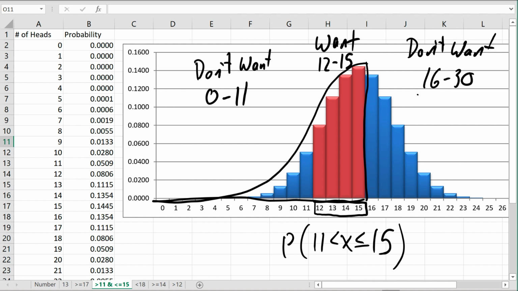We'll separate those out later. But first, let's find the probability that x is less than or equal to 15. And that's exactly what our calculator finds, the probability of a number of successes or fewer. To find everything between 0 and 15, we'll use BinomialCDF.